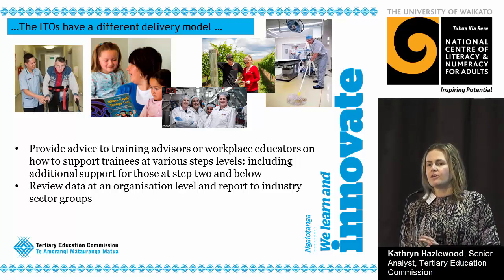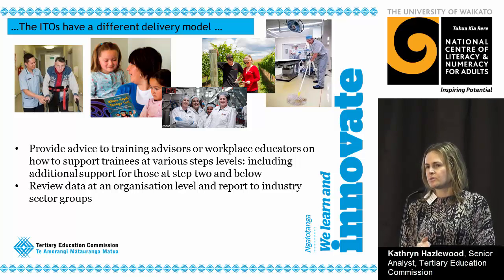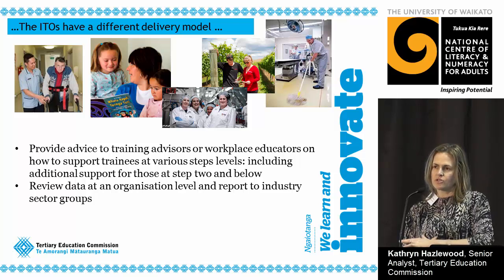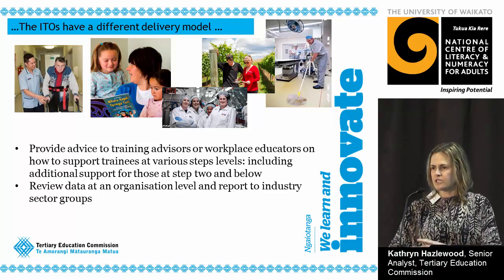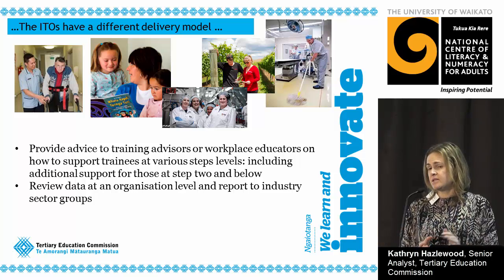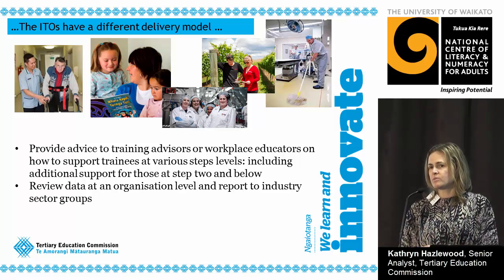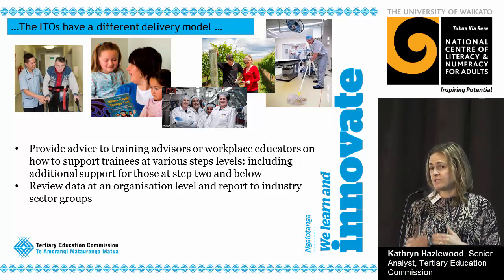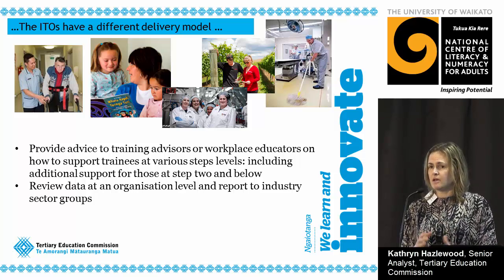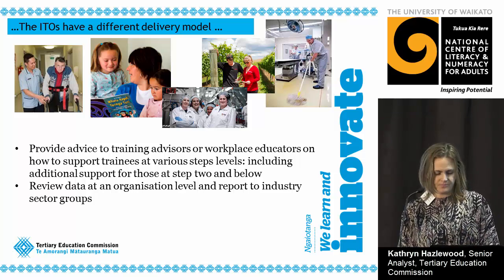Another area that one ITO in particular talked about was looking across all of the results for the whole cohort, so they could look at patterns or areas of need. For example, one ITO talked about how ratios was a common theme coming up as an area of need, so they targeted their resources and training advisors in that space.